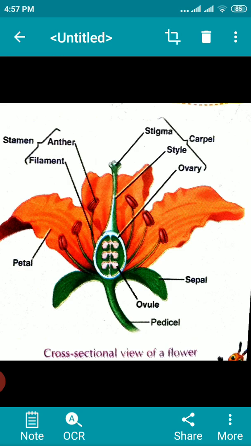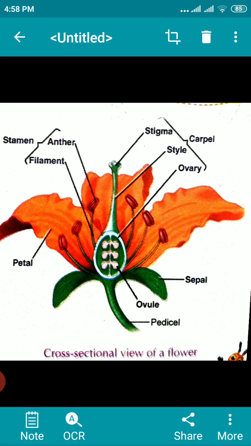The sticky tip of the pistil, on which pollen is deposited at the beginning of pollination, is called the stigma.